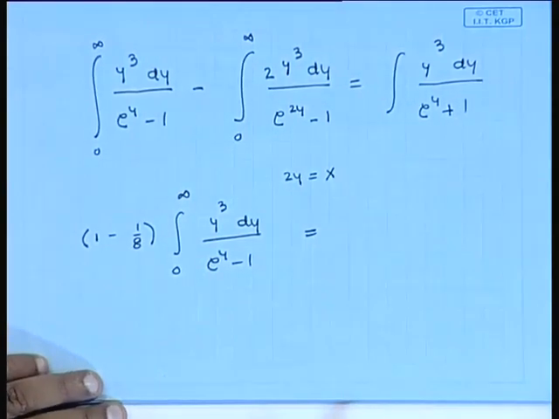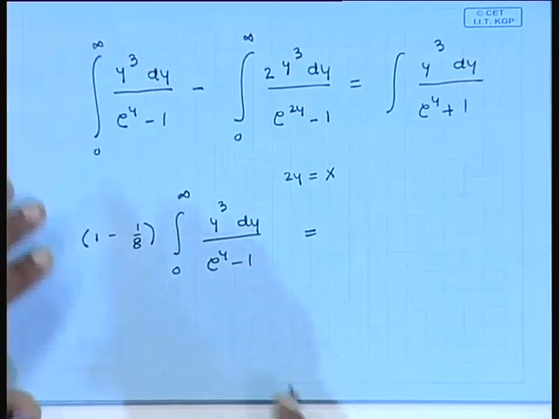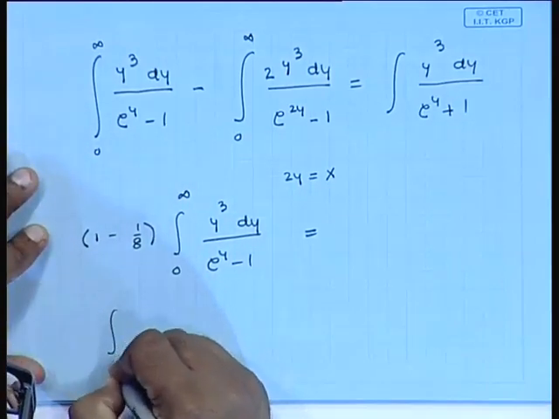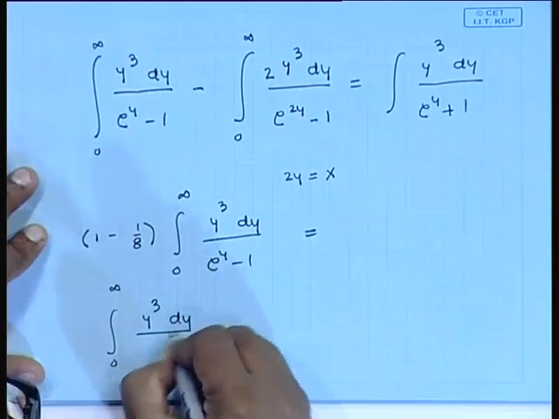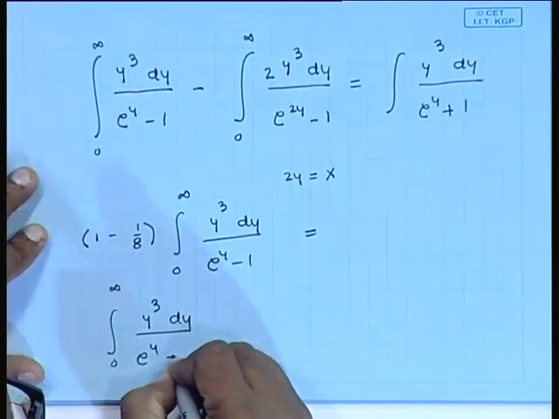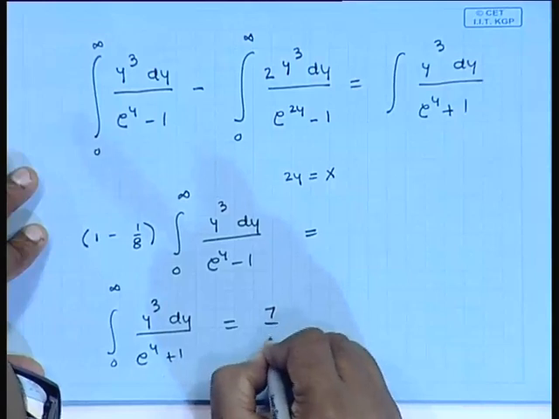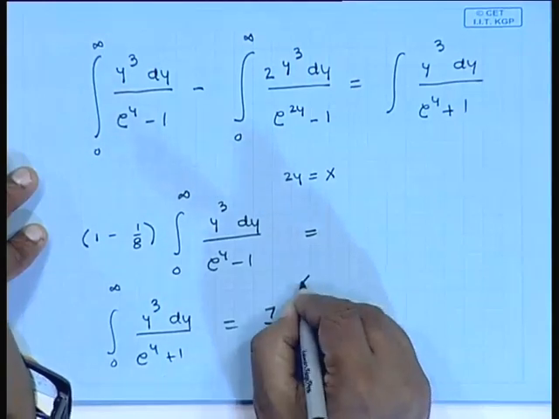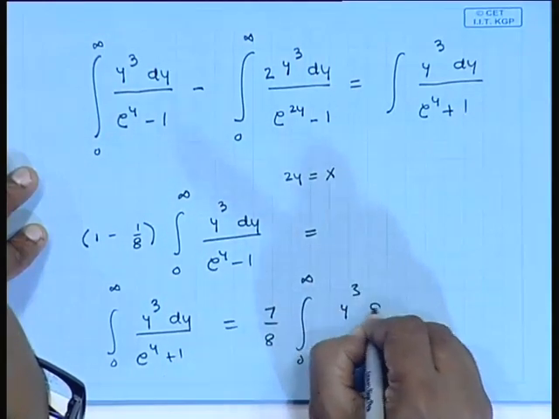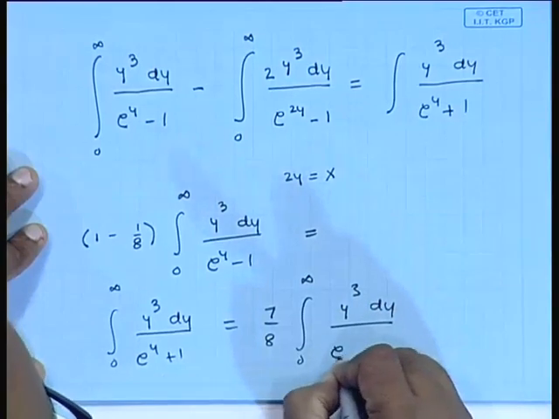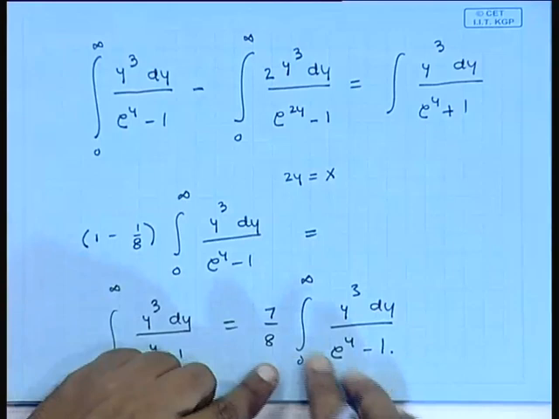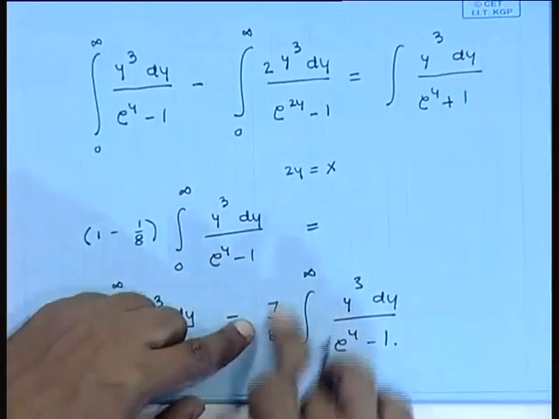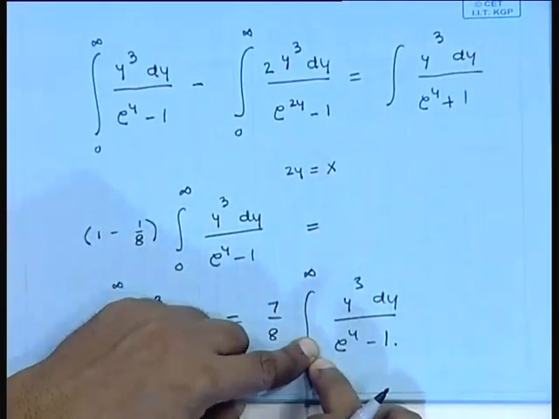Okay, so what we see is that 0 to infinity y cube dy over e to the power y plus 1 is equal to 7/8 times 0 to infinity y cube dy over e to the power y minus 1. Right. So, the integral for fermions is 7/8 of the integral for bosons.